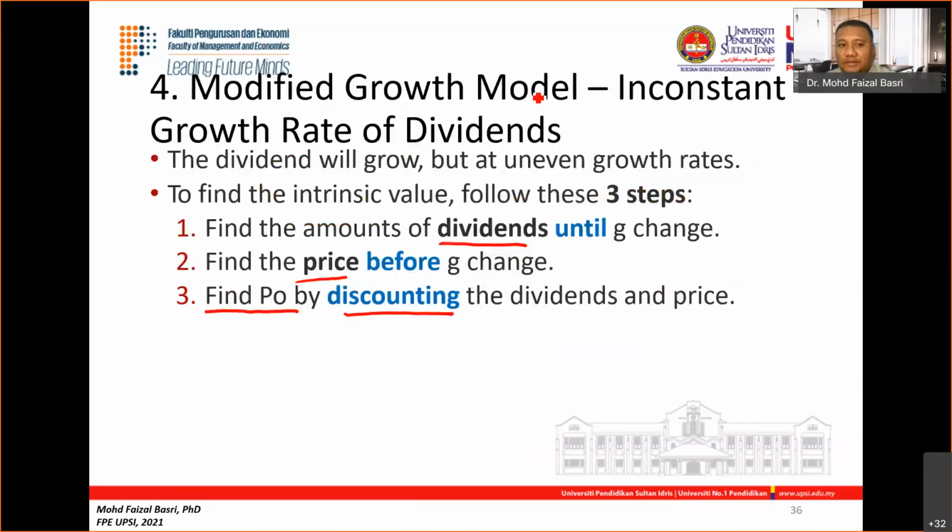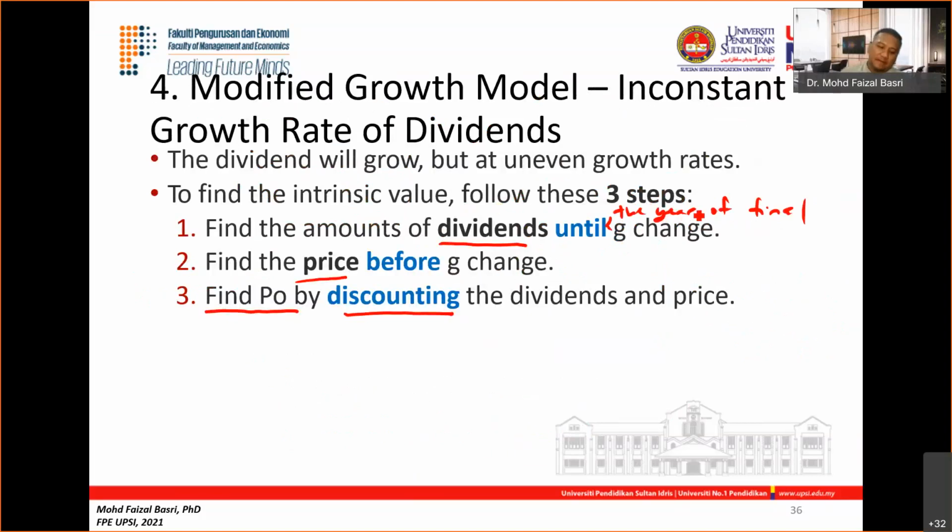First, step number 1, find the amount of dividends until the year of the final G change. Okay, I want to know the dividends until the year of the final G change.